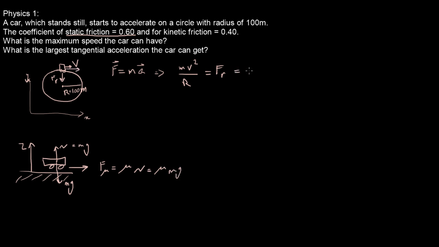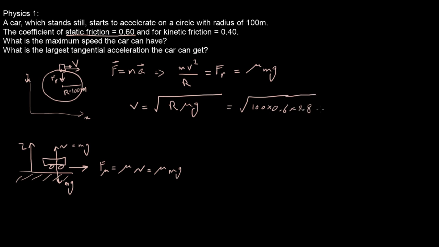So let's put that equal to mu mg, and now I can cancel the m. So v is the square root of, because I have v squared, the square root of r times mu times g, which is 100 meters times 0.6, the static friction, times 9.8, and these are all in SI units, so the velocity will be in SI units as well.